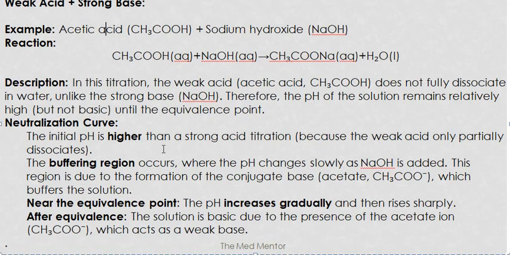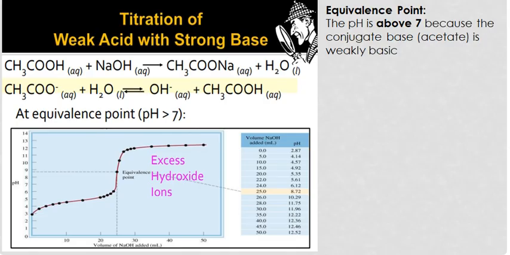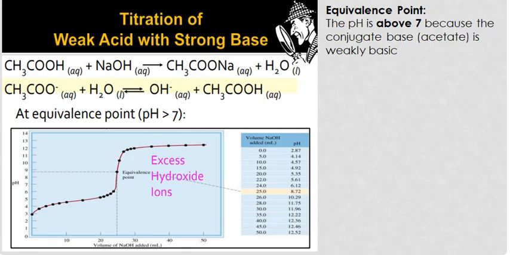And when you continuously add the strong base, NaOH, to the weak acid, at one stage it is completely neutralized. But the pH at equivalence is above 7, because the conjugate base, acetate, is a weak base.